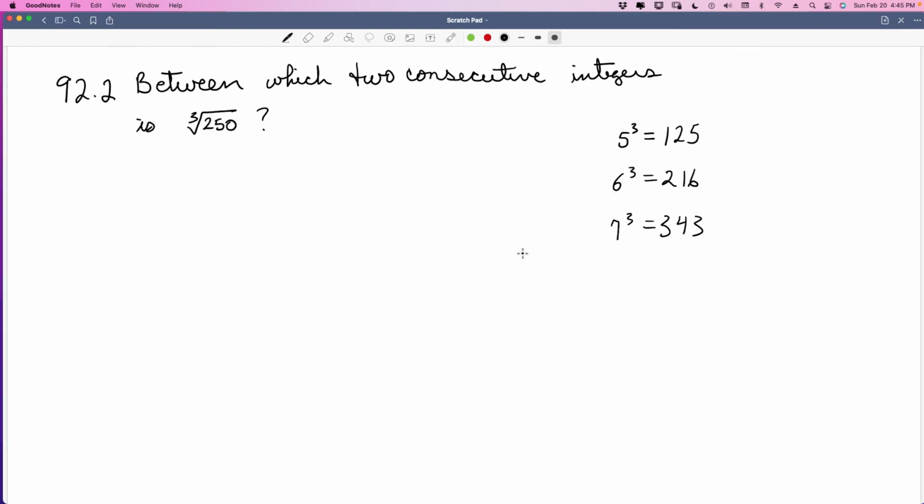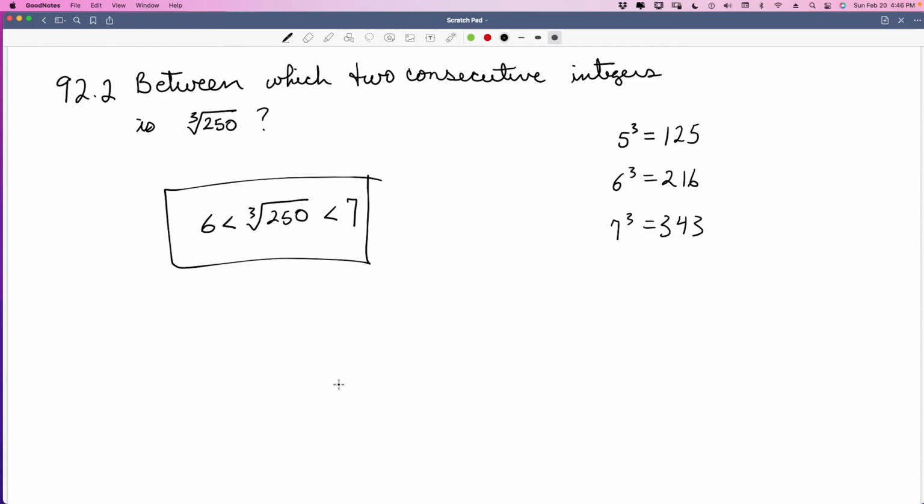So I would say 6 is less than the cube root of 250, which is less than 7. And that would be your answer. So let's look at one more. We're going to do 92.3.